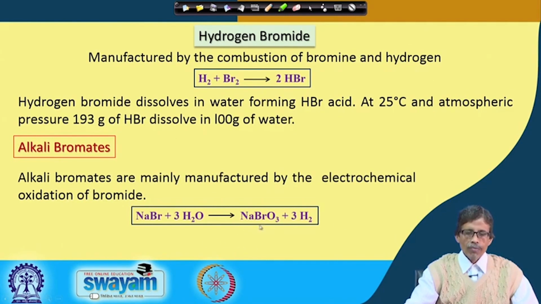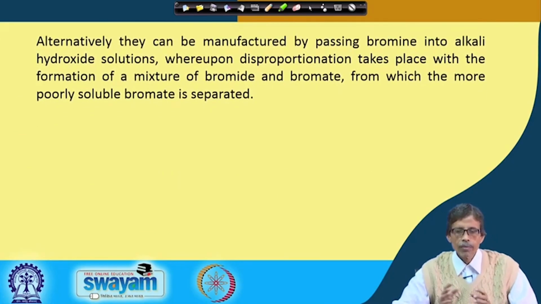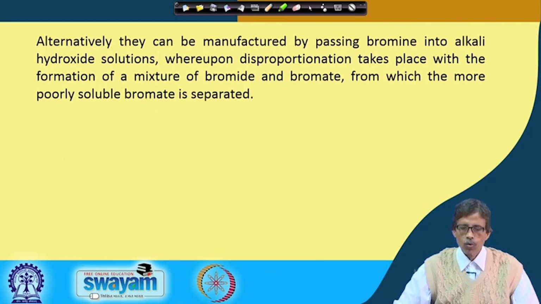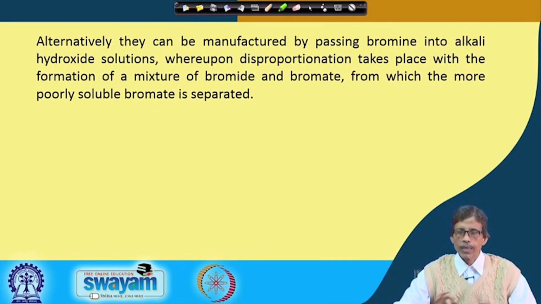After getting this particular bromate salt, alternatively it can be manufactured also by passing elemental bromine, Br2, into an alkali hydroxide solution.